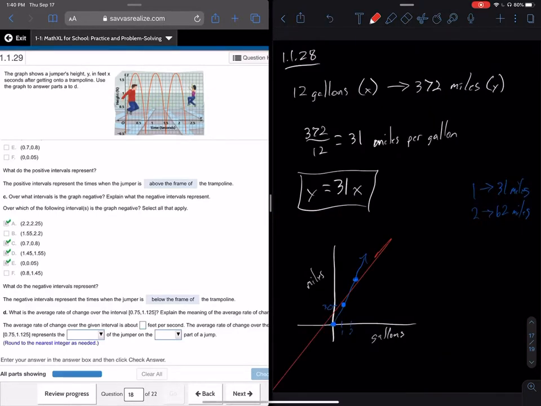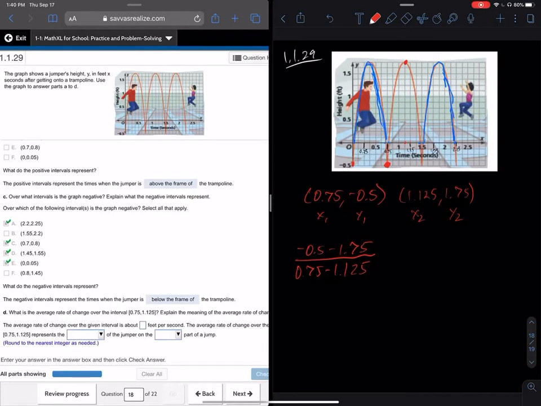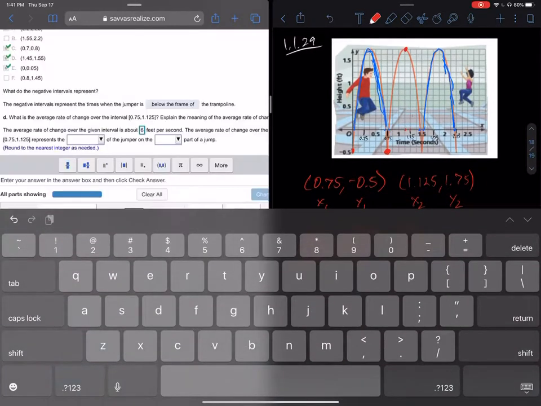So, oops, we're going to get negative 2.25 here, and then 0.75 minus 1.125 is negative 0.375. So we're going to reduce that. Okay, we're using a calculator here, make our lives a lot easier. That's going to reduce to 6. All right, as crazy as that sounds, that's going to be 6. So the average rate of change over the given interval is about 6 feet per second.